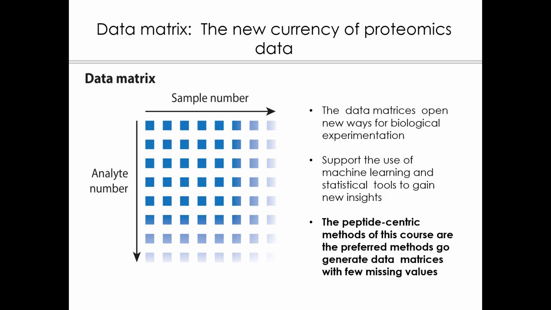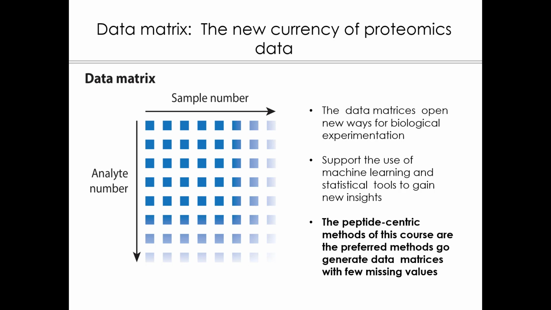And so I think certainly the picture that we pursue in our group is that of a data matrix. So we're no longer interested in having a list, an inventory of proteins that are present in a cell or in a tissue in a species. This is also useful, but we are not interested in a list.